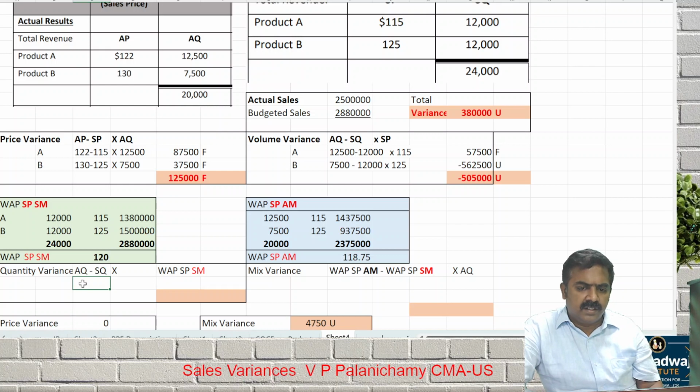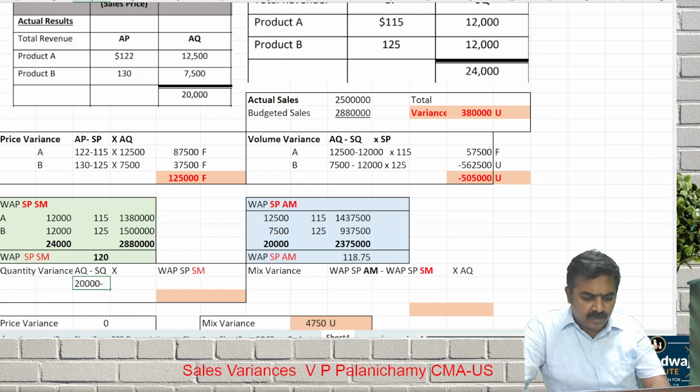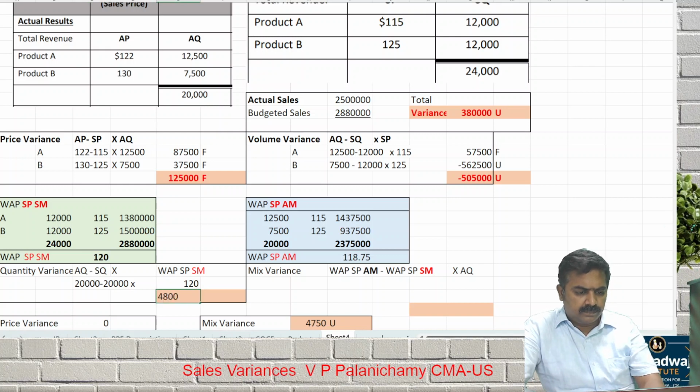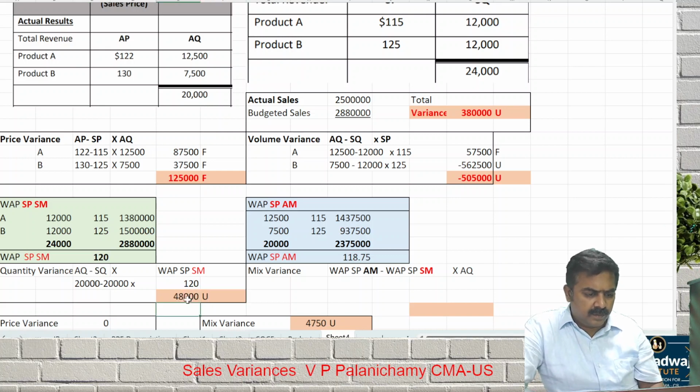Actual quantity minus standard quantity. That is actual quantity 24,000. So 20,000. 20,000 minus standard quantity 20,000 into weighted average price of standard mix. Unfavorable.